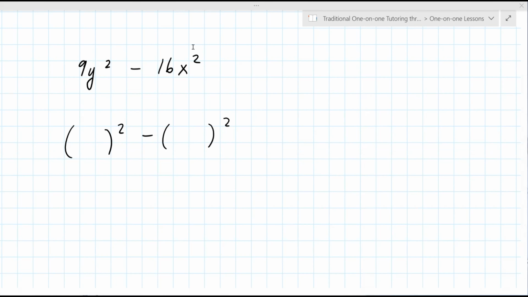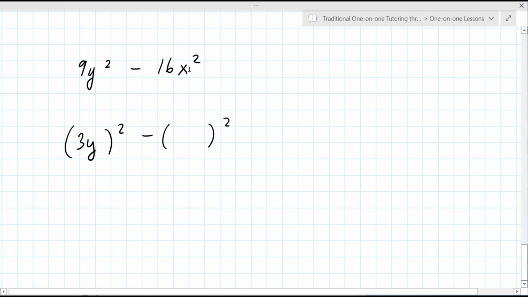What do you square to get back to 16x squared? So it'll be 3y plus 4, 3y minus 4.